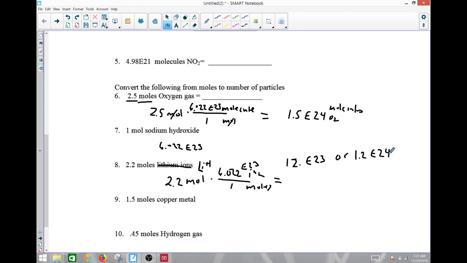Again, that's an approximation. I just took 2 times that. If I took 2.2, it's going to be a little bit bigger. The actual answer, as you plug it into your calculator, is going to be 1.32 e to the 24th.